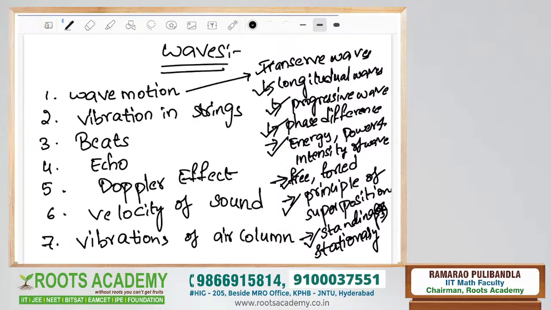After covering these concepts, we'll move on to vibration in strings, where most of the mathematical problems in physics from the chapter waves would be given, from vibration in strings, beats, echo, and the most important topic, the Doppler effect.